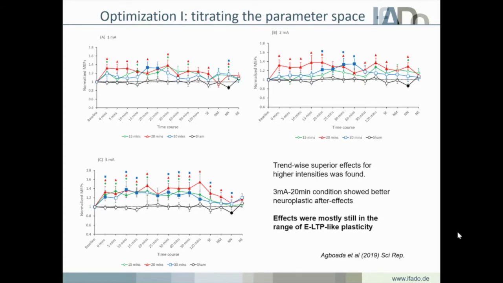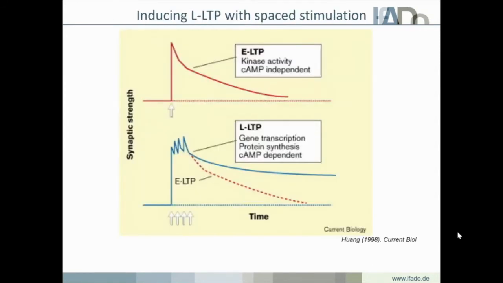The effects, however, were still not in the late phase LTP-like plasticity range. So we were not able to induce very long plasticity. For most of the protocols, we were able to induce about 2 hours or a little bit more. So we were still in the early phase LTP-like plasticity.